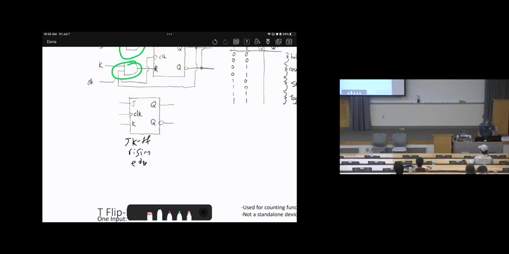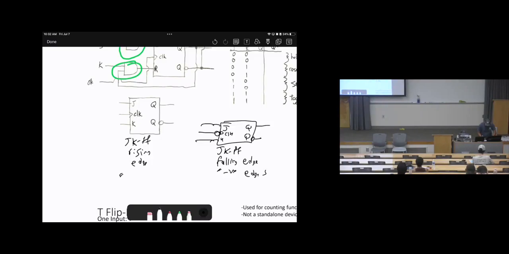How about falling edge? You can draw it like J, K, here is the clock, and put a bubble. Then we can realize this is falling edge. JK flip-flop, falling edge, or in other words, negative edge.